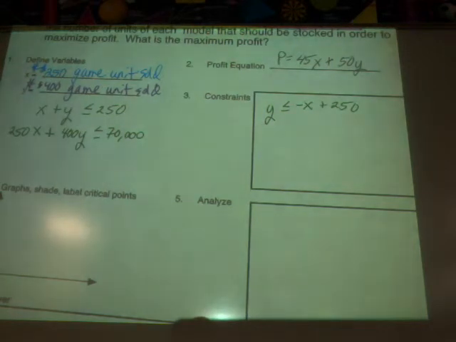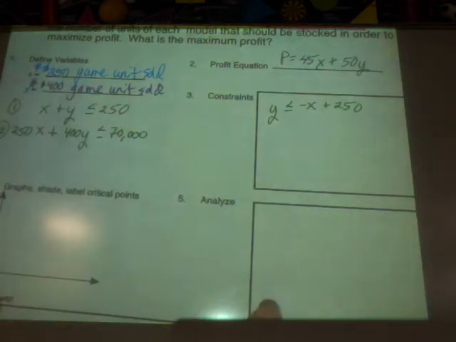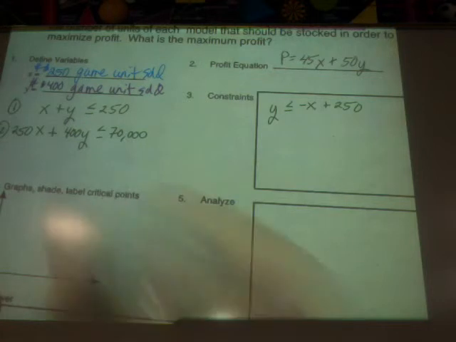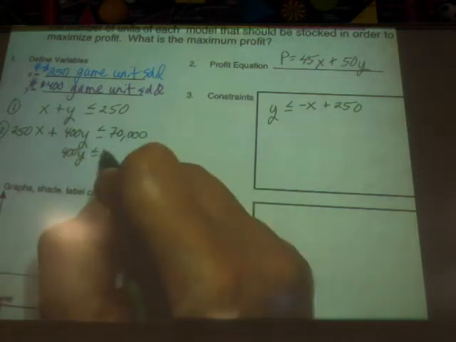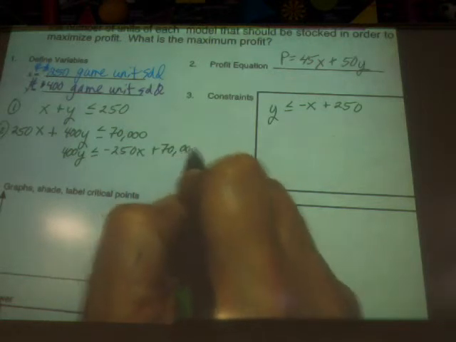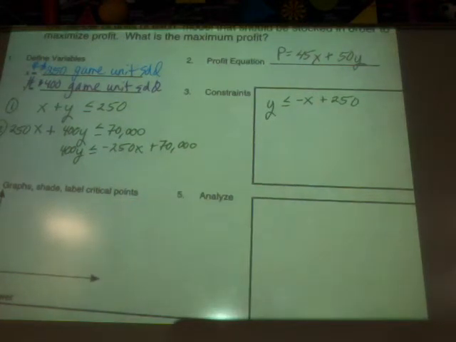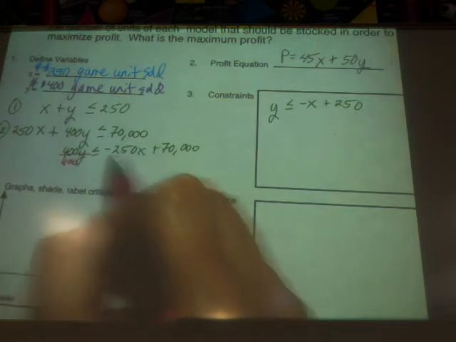So there's another constraint. We need to solve for this one, don't we? So this is constraint 1, this is constraint 2. We have to solve this for y. Wouldn't we have 400y is less than or equal to negative 250x plus 70,000? And then we're going to divide each of these by 400, right?